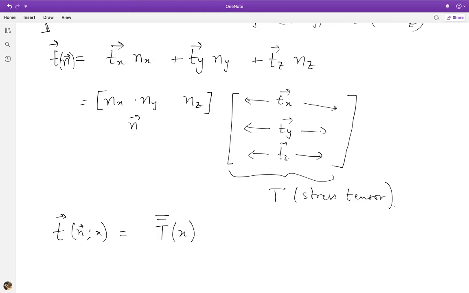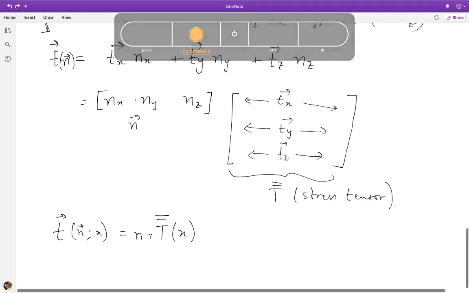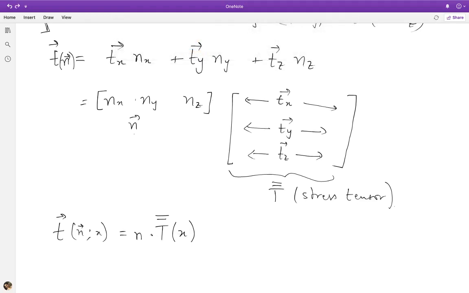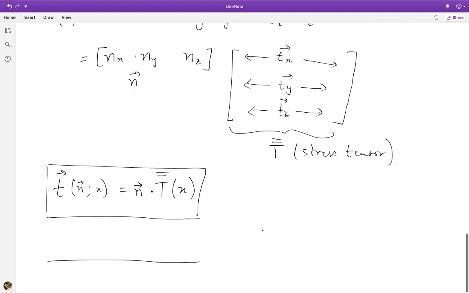I'll use 2 overbars to denote a tensor, pre-dotted, taking the scalar product of that tensor with the unit normal n. That's a wonderful, simple result, where the stress vector T is simply n dot the stress tensor capital T. The spatial dependence is entirely locked into the stress tensor, and the orientation dependence comes out in the form of the dot product with the normal.